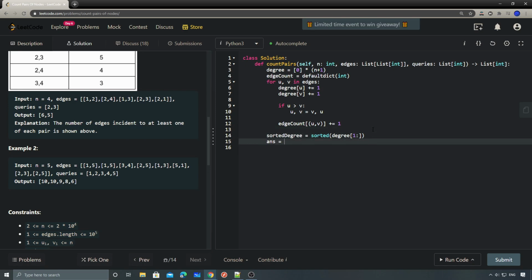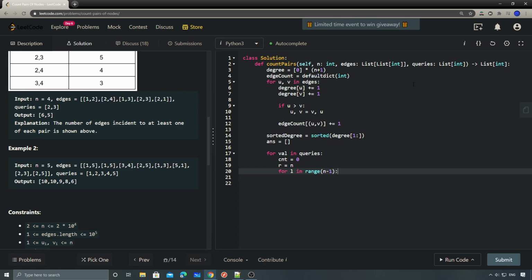So the answer will be empty at the beginning, and then for each of the values in the queries, we have a count, right? So the count will be 0. So like I said, we need 2 pointers. We have a left, right is going to be n, starting with n, and then for left, I'm going to loop through the L from 0 to n minus 1, right?